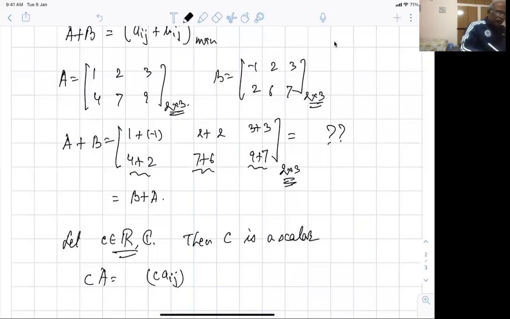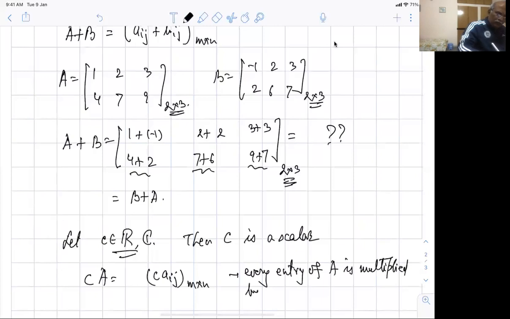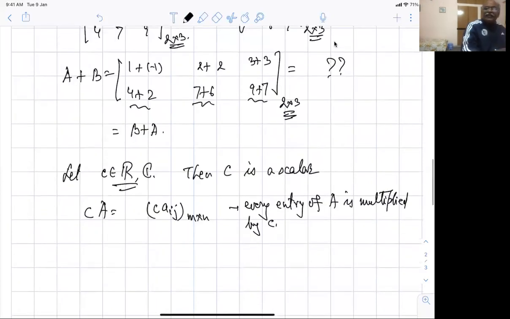So A was M cross N matrix, so it will again remain M cross N matrix here. And every entry of A is multiplied by C. That is, every entry is being scaled by C. All right, so there is a scaling that is going on.